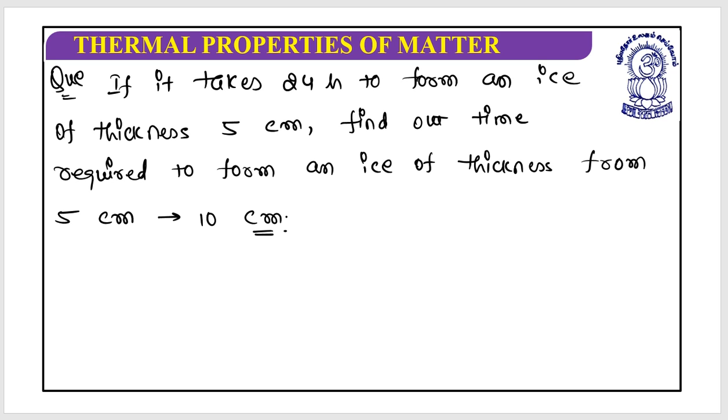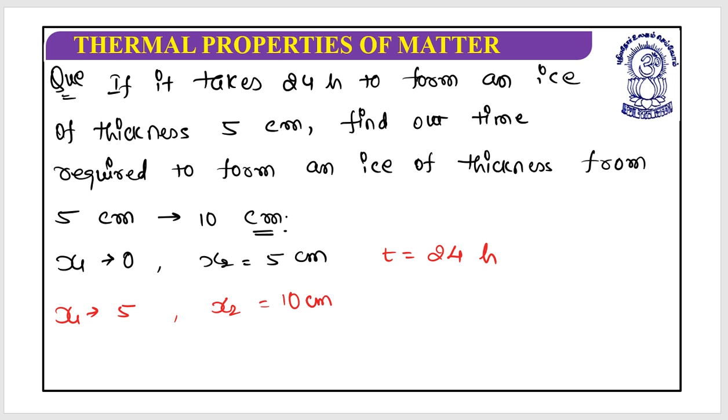So what I consider is that initially x1 was 0 and x2 was 5 centimeter, and in this situation the time taken was 24 hours. Now initially x1 is 5 centimeter. In the second case x2 is 10 centimeter, and I need to find out the time taken.